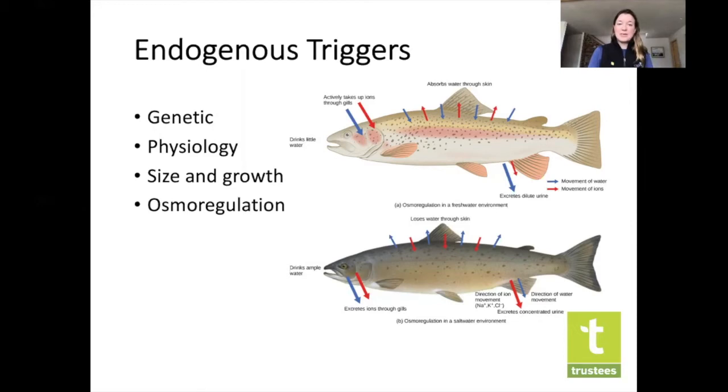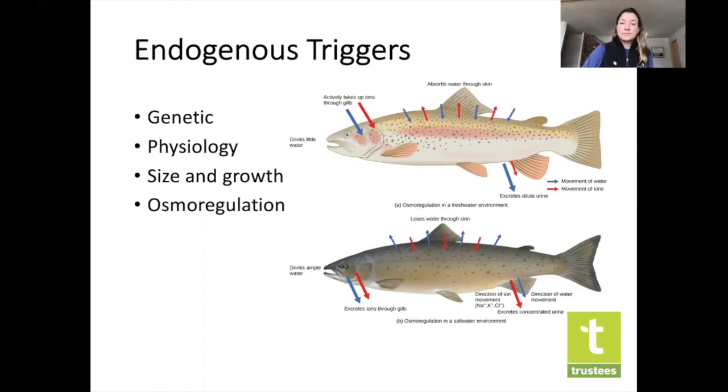So let's think about these for a second. Size and growth. The fish goes from a larval stage to a juvenile stage and is getting bigger. That can simply be its trigger. When it reaches a certain size and a certain part of its life stage, it will migrate.